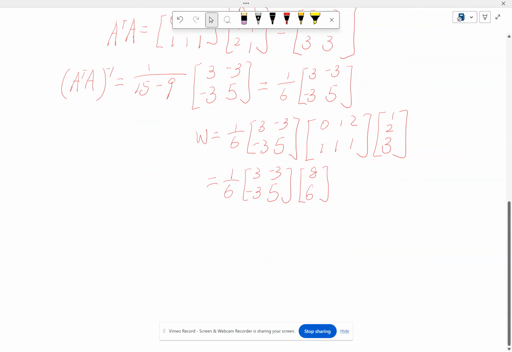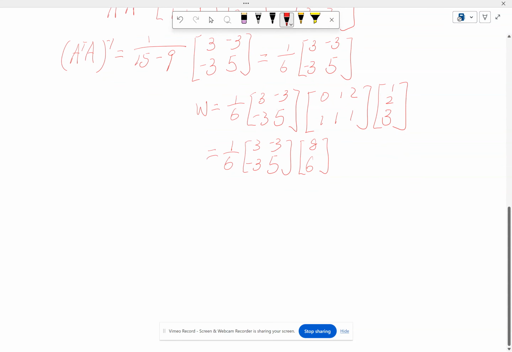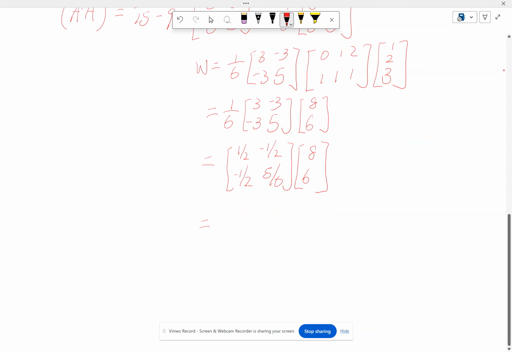Now, let's see what I can do. What would be an easier method? I think it'd be easy if I do this: 1/2, minus 1/2, minus 1/2, 5, 6. Would this be easier? Maybe. Let's find out. 8, 6. So this is equal to 4 minus 3. Oh yeah, it is easier. 4 minus 3.